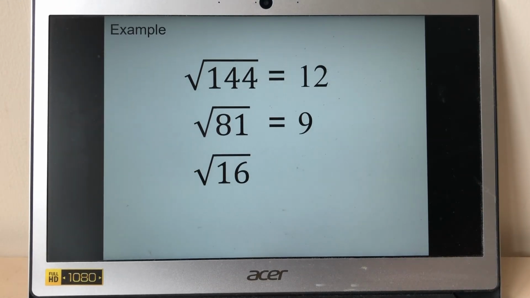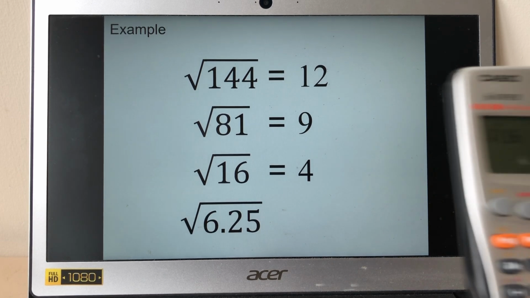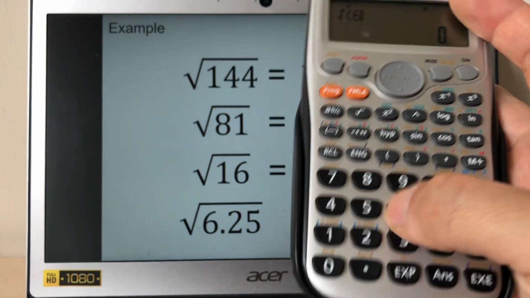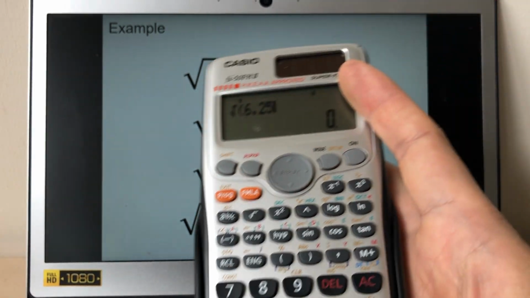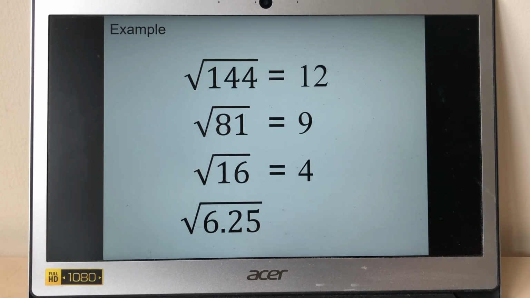The result is 4. What about this? Square root of 6.25. It is 2.5. So this is how we calculate the result of square root number.